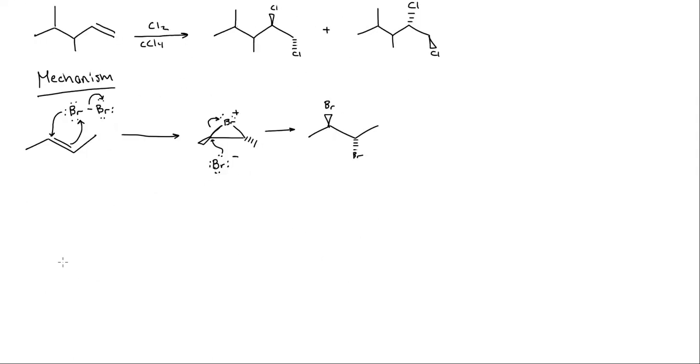Just to be clear about the more substituted carbon, if I had this one instead and I do the same thing, then this is going to attack, it's going to get attacked back, and bromine leaves. So then I form my ring again.